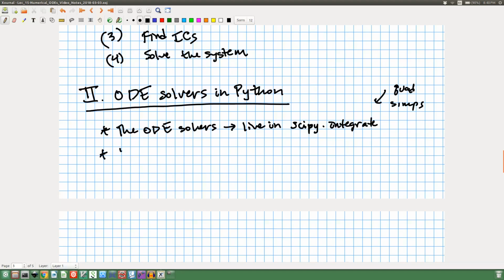This is in general much more accurate than explicit Euler.